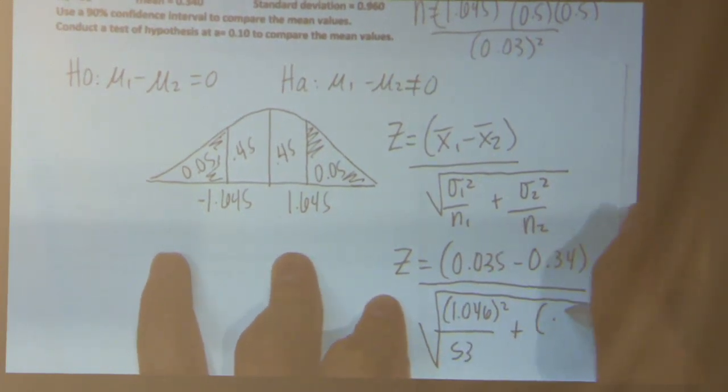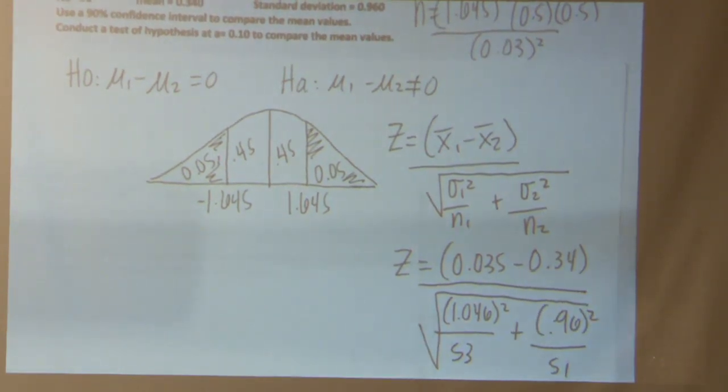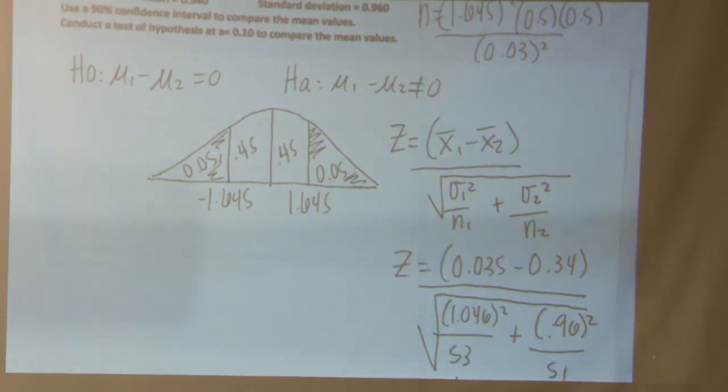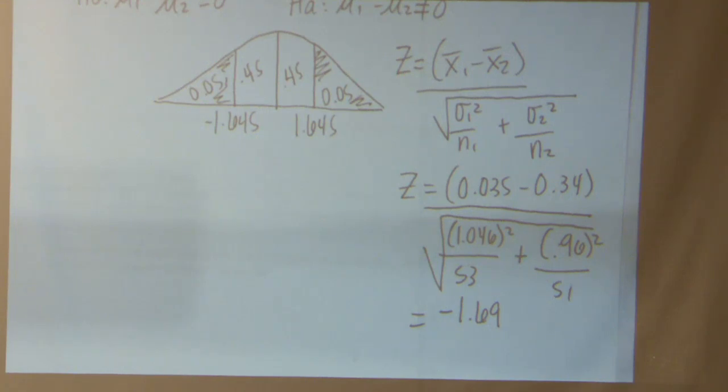And add that to the 0.96 squared over 51. So we should get a z-value of around negative 1.69.